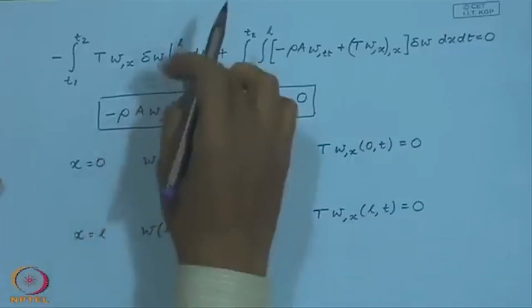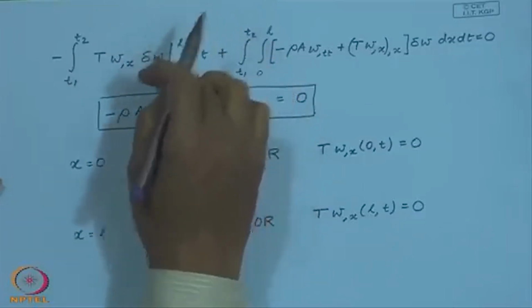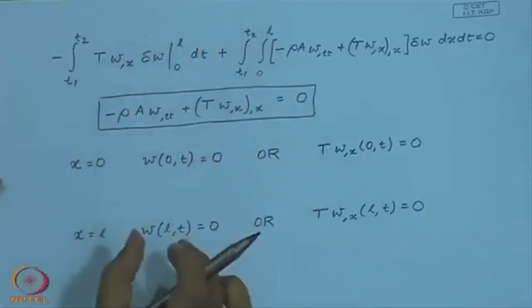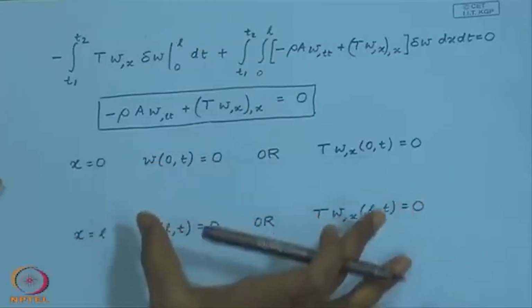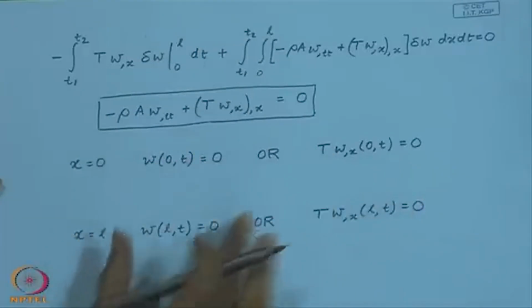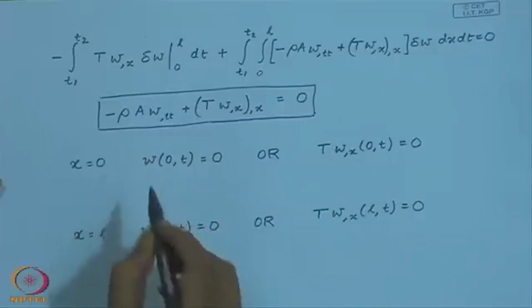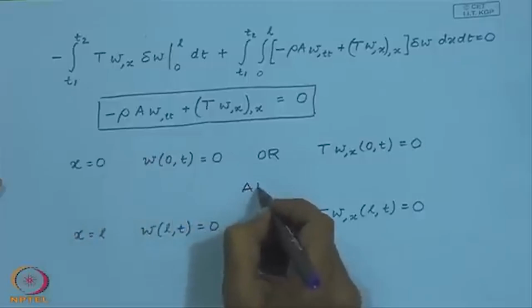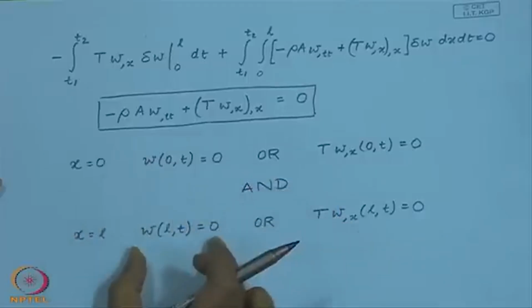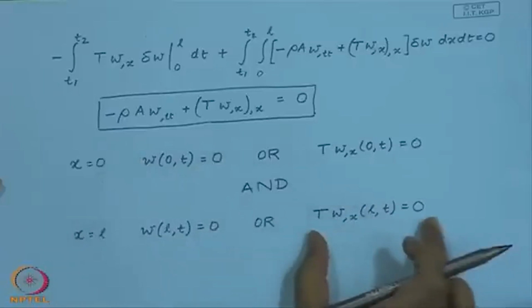Now, since this is being evaluated at x equal to 0 and x equal to L, and both terms must vanish, so either this equal to 0 and this equal to 0, or this equal to 0 and this equal to 0.